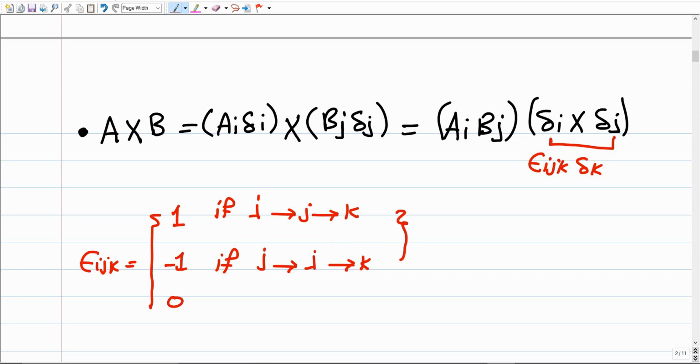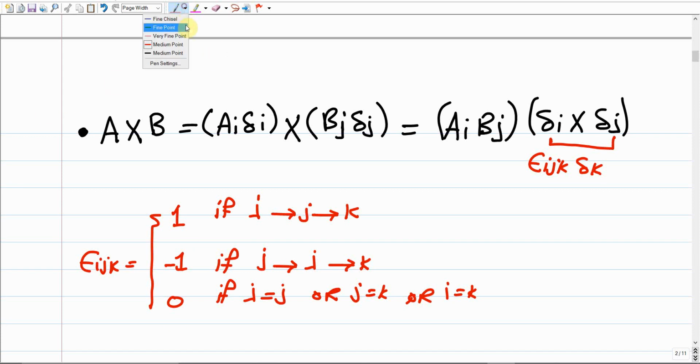But the condition for these two is that none of these indices is repeated. It means there is no xx, there is no yy, there is no zz. But if there is something repeated, like for example, in case that i equals j for some reason, or j equals k, or i equals k, in this case this term should be 0, this epsilon should be 0.